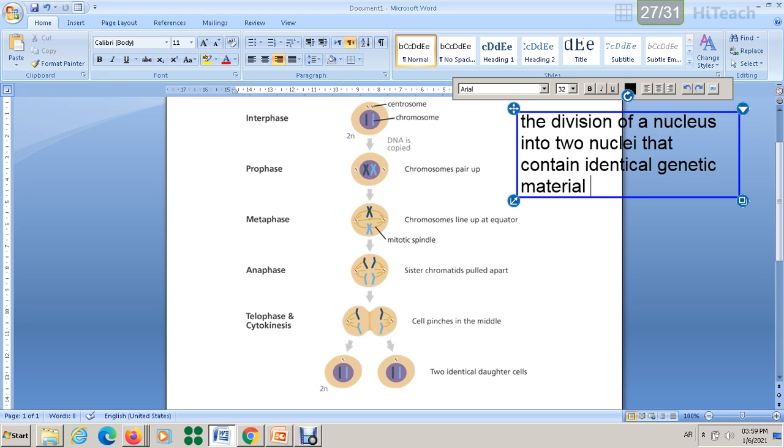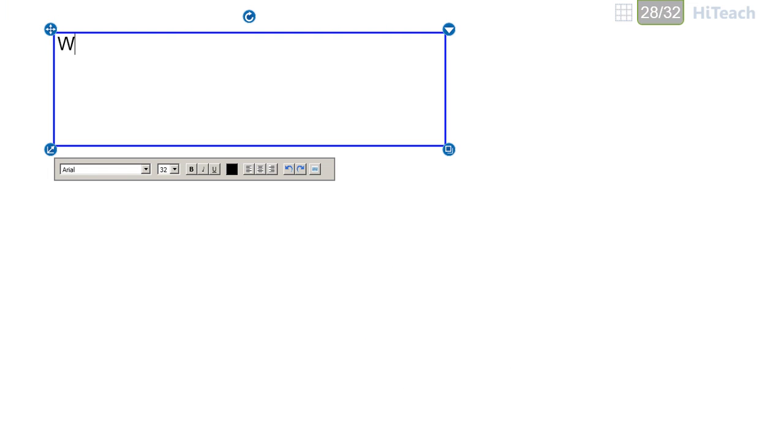Okay, now I'll ask another question. Why doesn't mitosis occur in prokaryotes? Let's write it here. Why doesn't mitosis occur in prokaryotes?